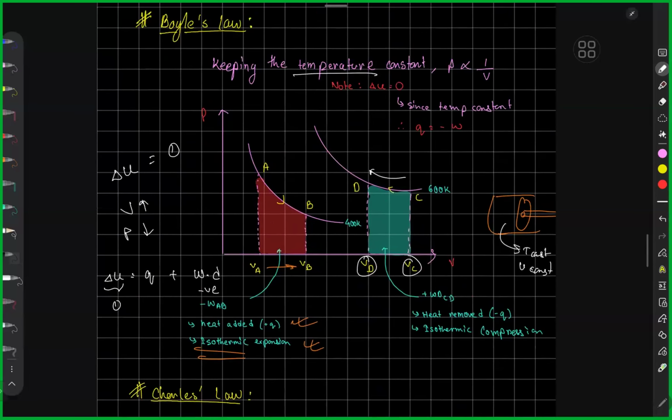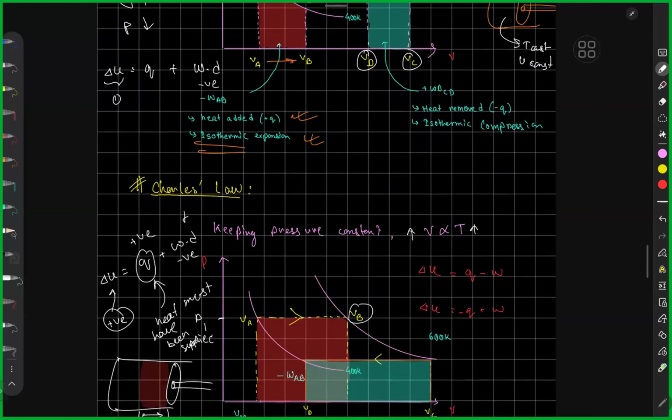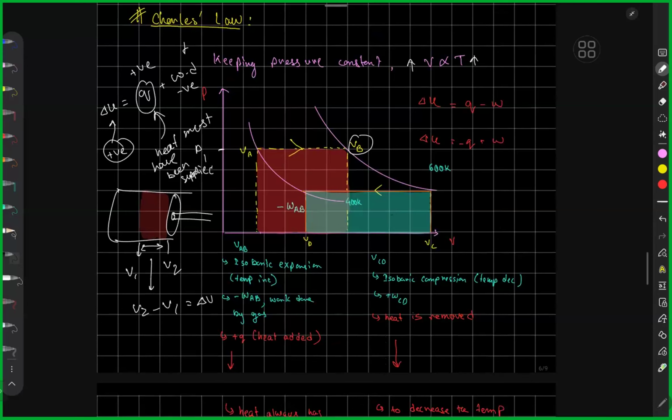Okay. So basically the idea is to keep the pressure constant. To keep the pressure constant, heat was being supplied to the system. So over here, when the gas was expanding, right? Over here, heat was constantly being provided to the system to keep the pressure constant.